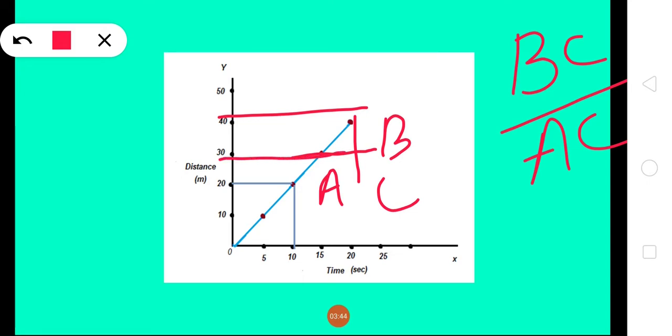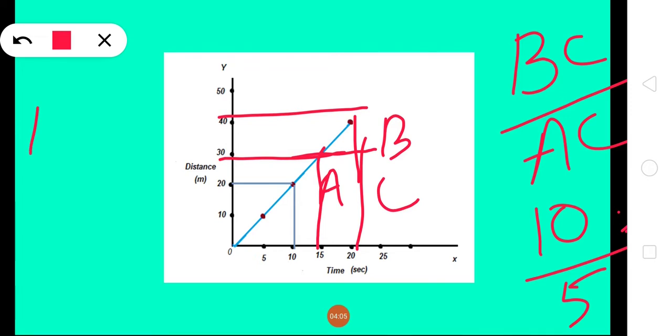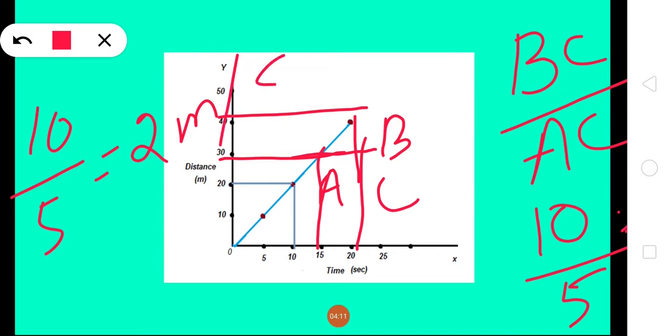So BC will be 40 minus 30, which is 10 meter. And AC, if you see, corresponding time, which is 20 minus 15, 5. So this is the slope, and if I calculate the value, 10 by 5, which is 2 meter per second.